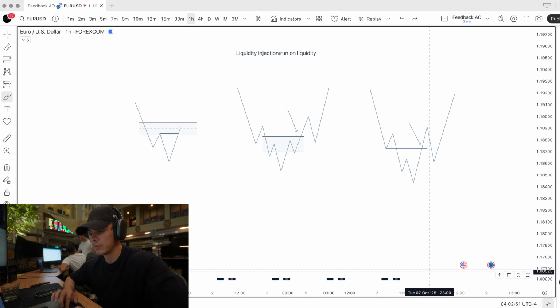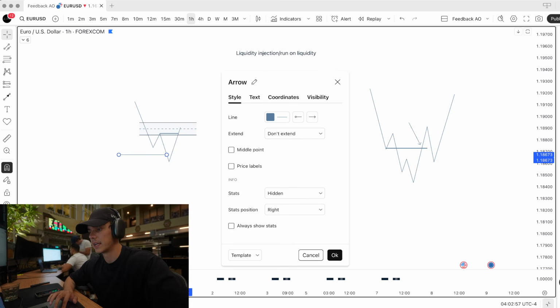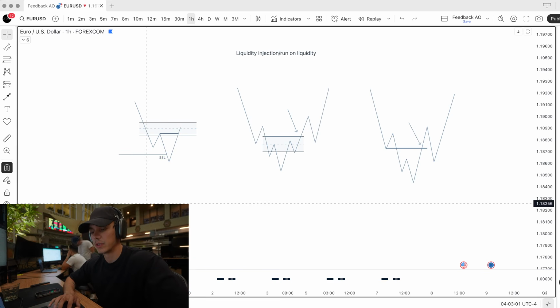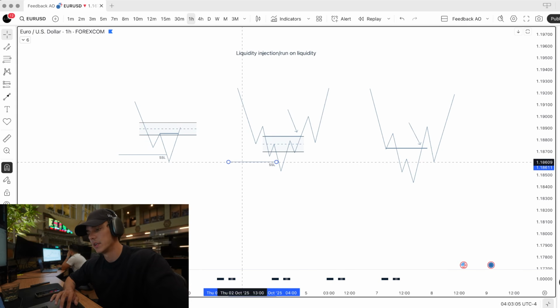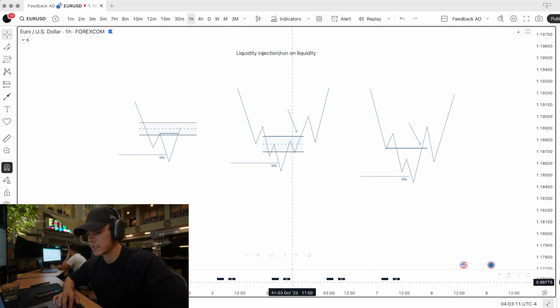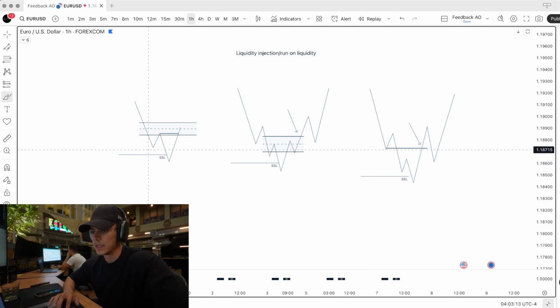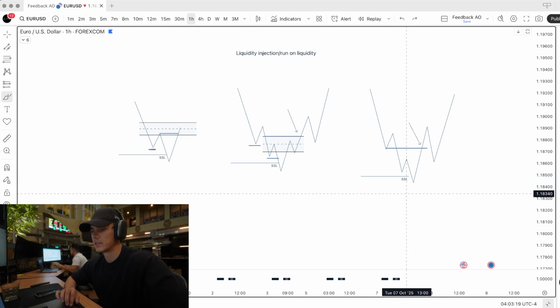This can also be, obviously, neglecting this little base here and just running liquidity like this, just running a previous daily low, previous session low, in this case, all being sell side on buy side examples. So it doesn't necessarily need to be the low that we have here. It doesn't necessarily need to be these lows that we've created in the leg towards a major low, towards a major sell side liquidity point.